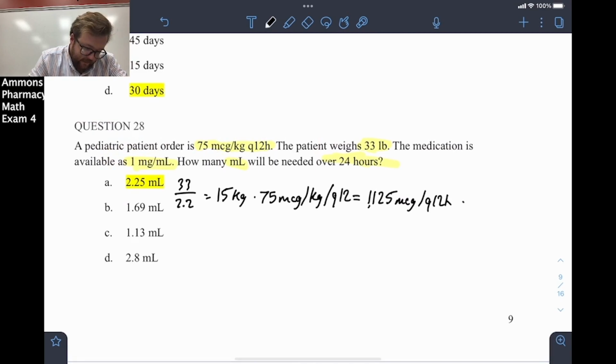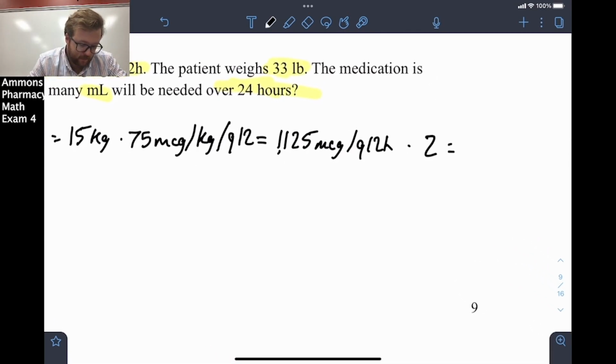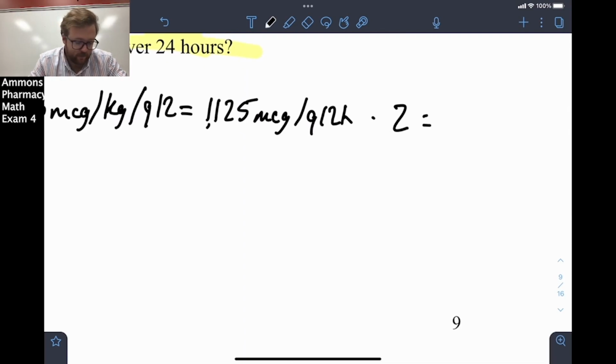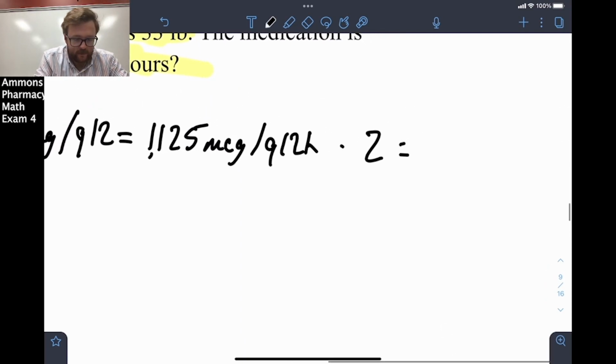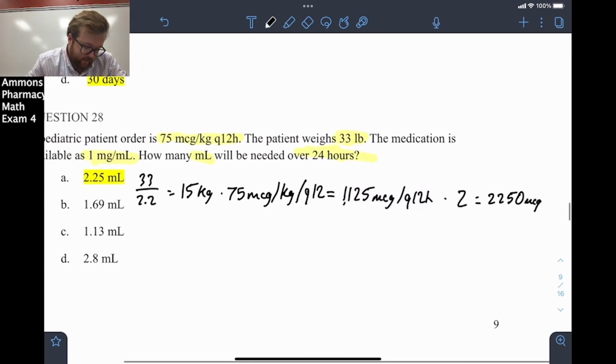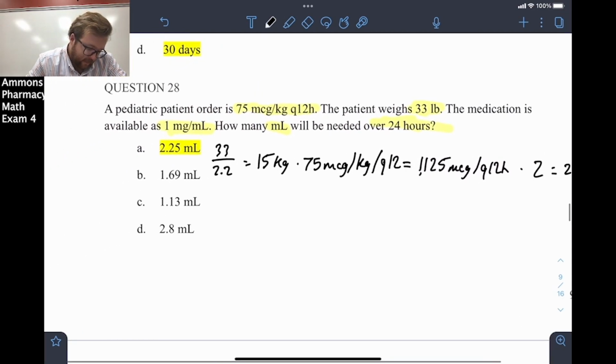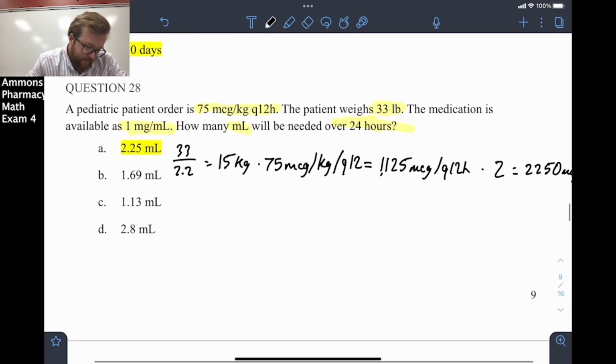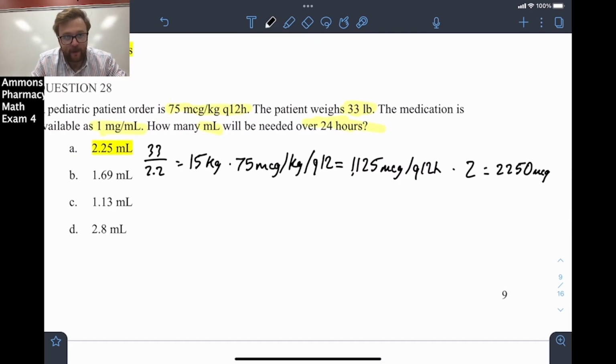So we need to be knowing how much it is in 24. So we need to multiply by 2. Because there's 2, right? So times 2. That's 2250 mcg per 24 hours. Okay, our drug is available as 1 milligram per mil. So it's in milligrams. We are currently in micrograms.